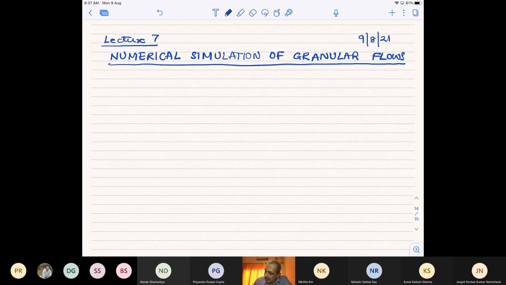So the basic idea is this, that supposing we have a domain, I'm just drawing, it can be any shape of course, but supposing we have a square domain like this, and there are many particles in here, and I'm drawing them, we'll mostly be considering spherical particles.